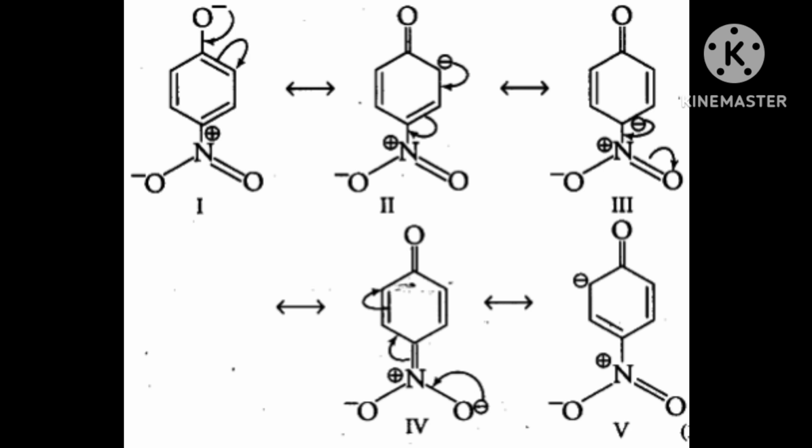Correct? Then an electron releasing group such as an alkyl group, maybe methyl or ethyl, in general does not favor the formation of the phenoxide ion. And what will happen if it is not favoring formation of the phenoxide ion?